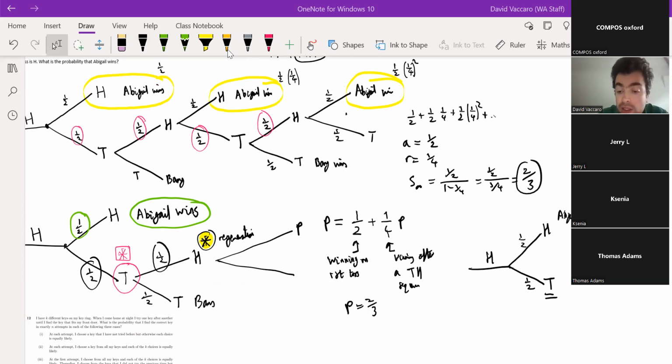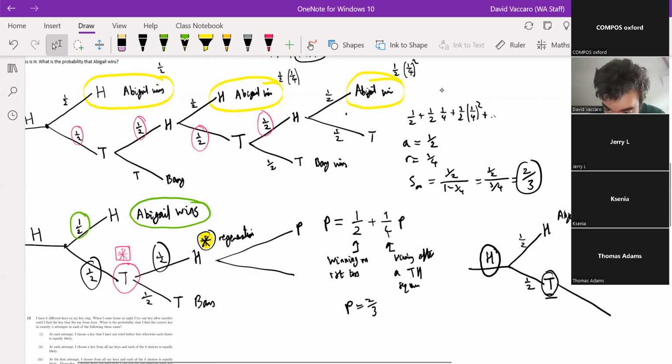So the reason this 2/3 is bigger than a half is because this first toss is a head. But the moment you get a tail, the advantage passes to Barry. And in fact, Barry has just got the same advantage that Abigail had. So here, the probability that Barry wins is P.